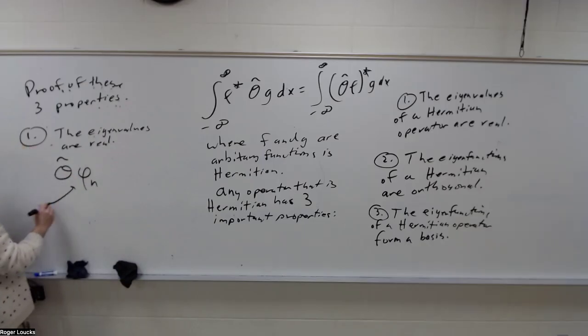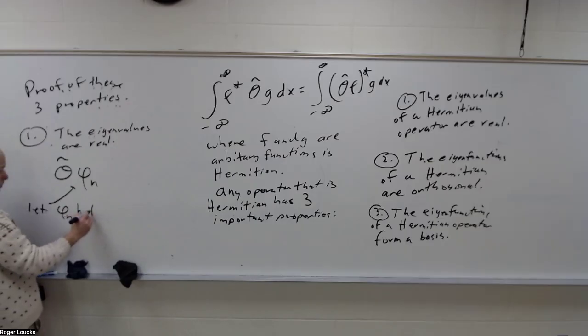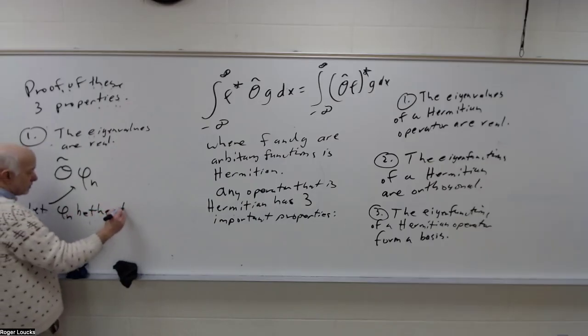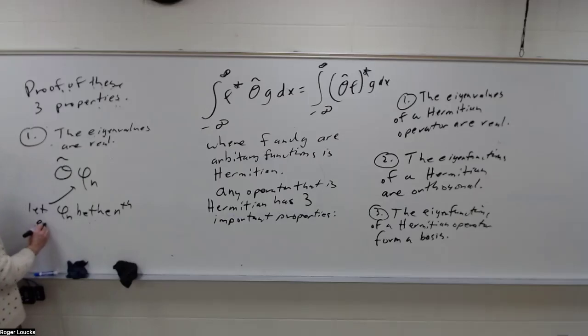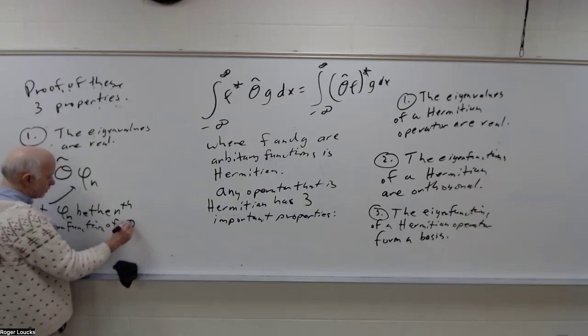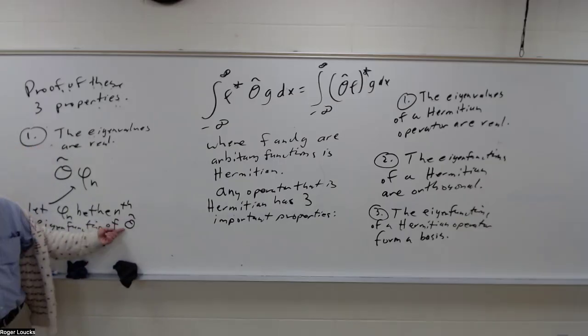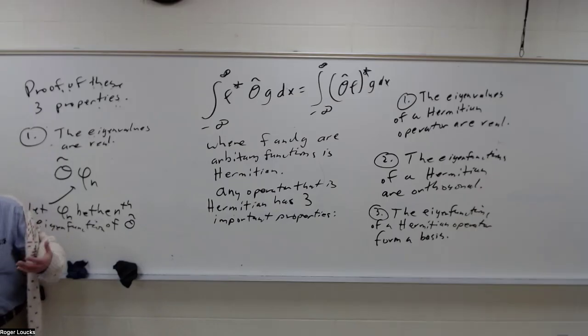So I'm going to let phi n be the nth eigenfunction of O. It turns out when you solve for these eigenfunctions, you're going to get a lot of them. So this is going to be the nth one here.